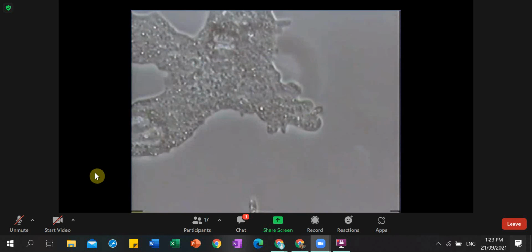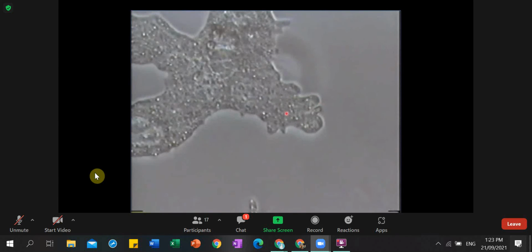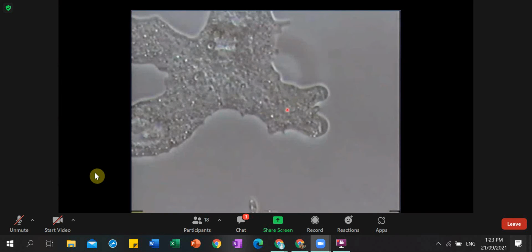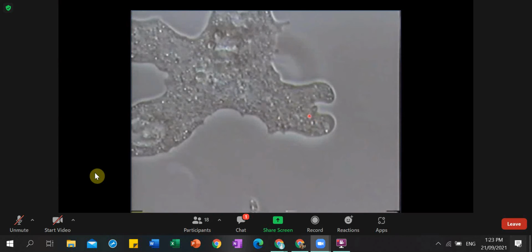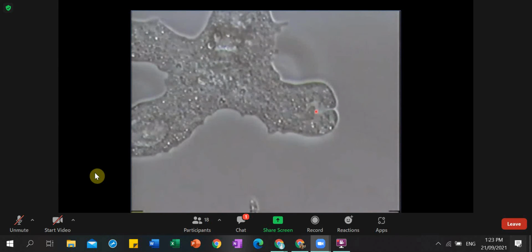You see something is moving here? So the flow of cytoplasm, and they form pseudopodia, remember? But over here, they form two lobes, and they started surrounding something here, over here.